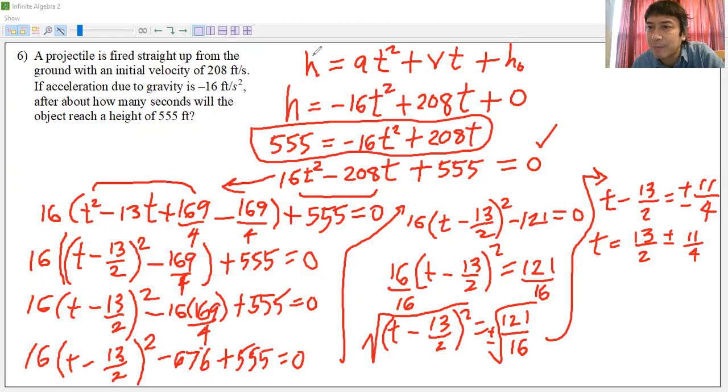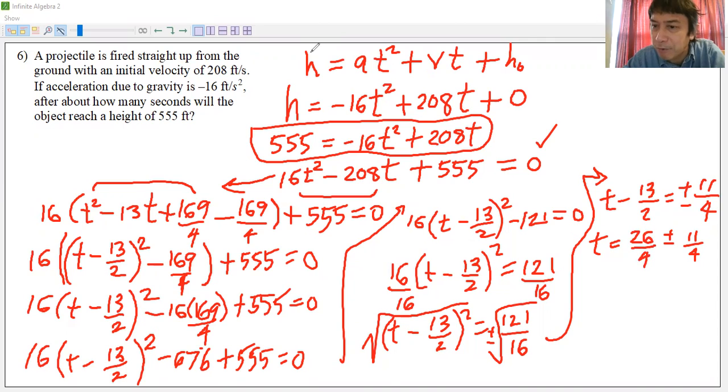There. And because 13 over 2 is in its lowest terms, you can actually make that 26 over 4 so that we will have a common denominator. So we can change this 13 over 2 to 26 over 4. For simplicity, this is now 26 over 4.